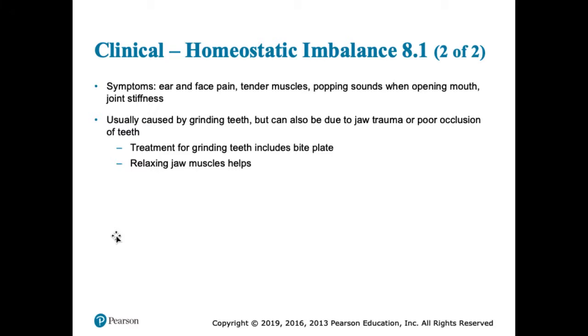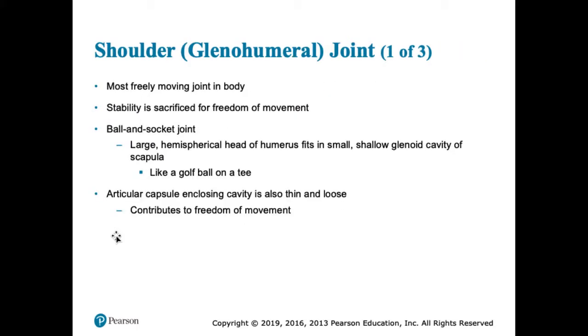Symptoms are ear and face pain, tender muscles, popping sounds when opening the mouth, and joint stiffness. It's usually caused by grinding teeth, but can also be due to jaw trauma or poor occlusion of teeth. Treatment for grinding teeth includes a bite plate, and relaxing the jaw muscle can help too.